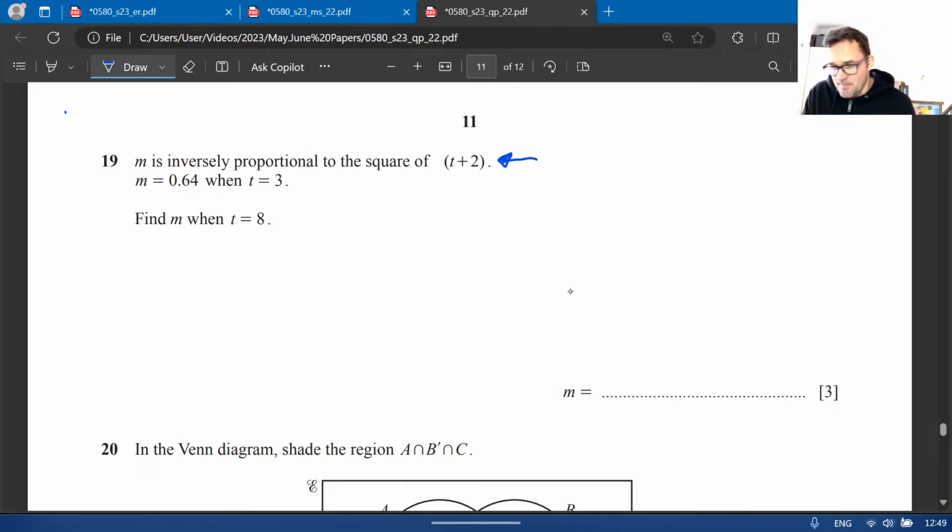Meaning m is proportional, that's the fish, but inversely, which means it needs to be inverted, reciprocal, to the square. Be careful, square, not square root. This is a common mistake. People put a square root when they should be using a square of t plus 2. So we do t plus 2 squared.